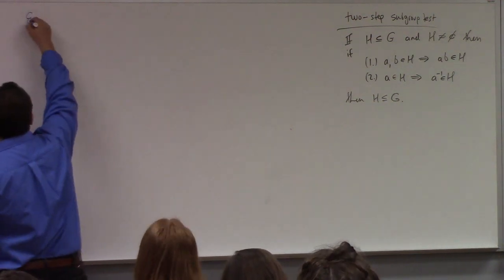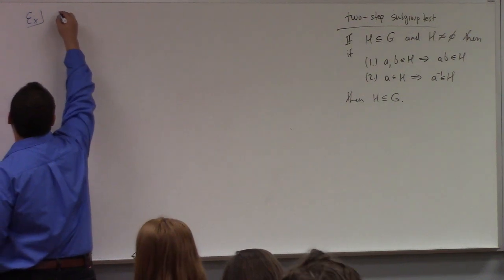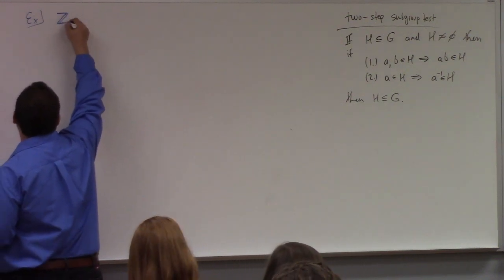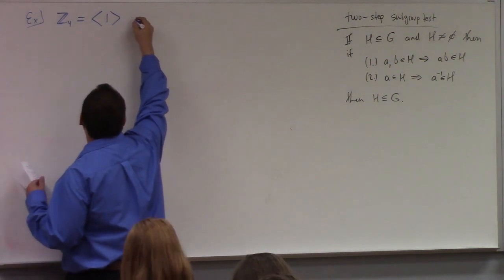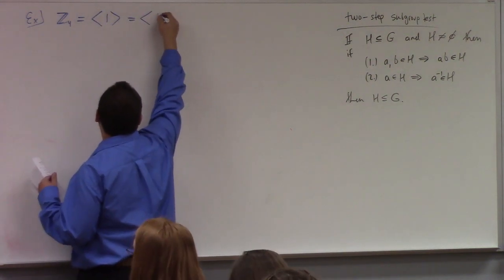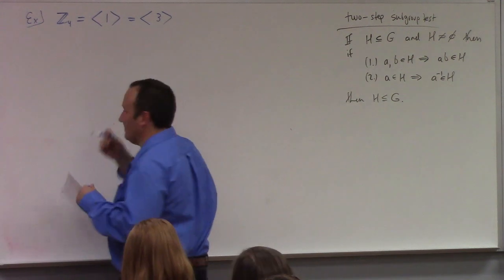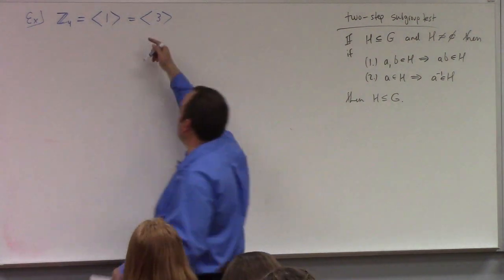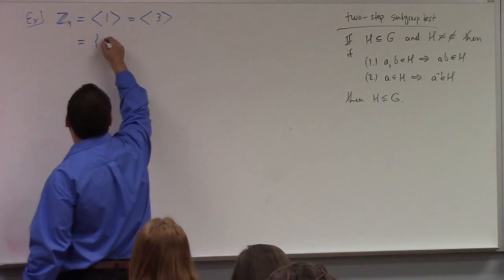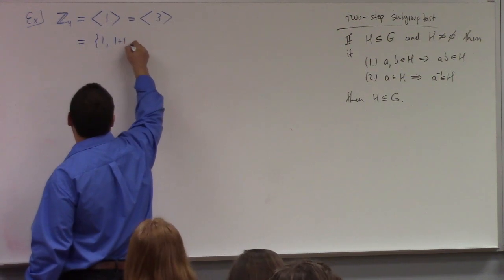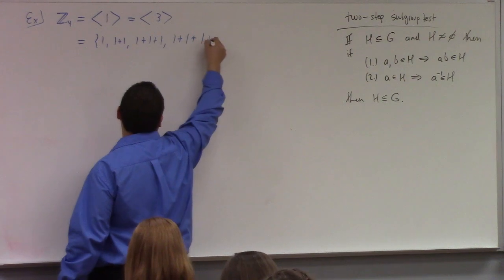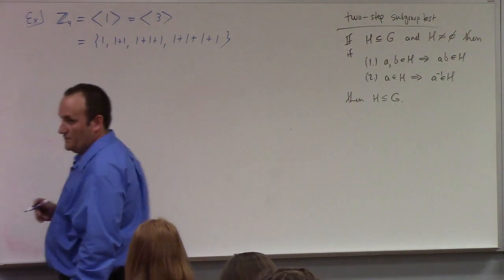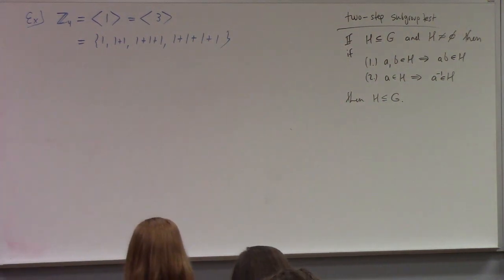So, for example, just to give you a flavor, Z4 is cyclic. And you could say that's generated by 1. You could also use the generator 3, right? Because if you look at it, it's 1, and then 1 plus 1, 1 plus 1 plus 1, 1 plus 1 plus 1 plus 1. There you go, that's all of Z4. So we can generate all of Z4 just by repeatedly adding 1.